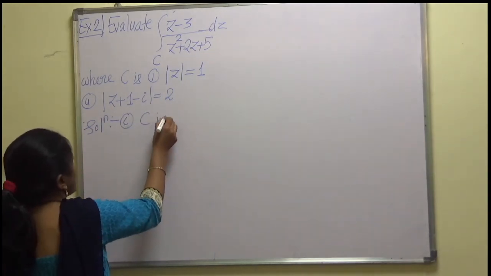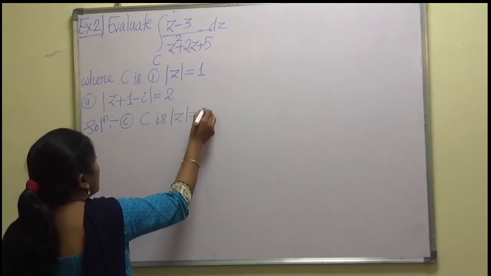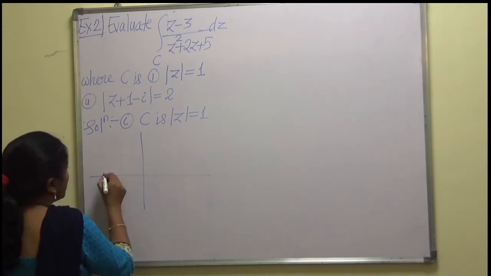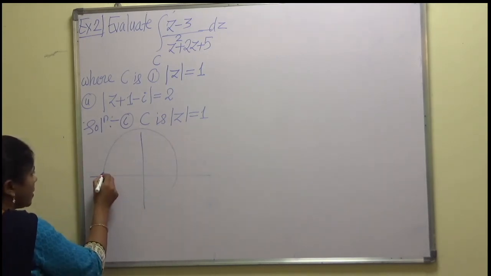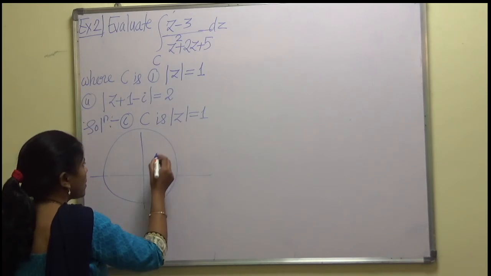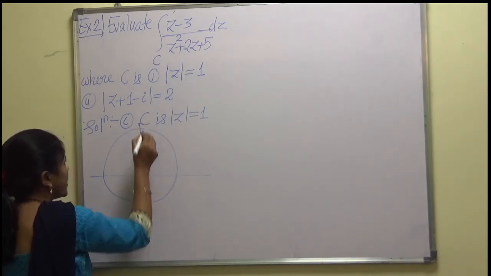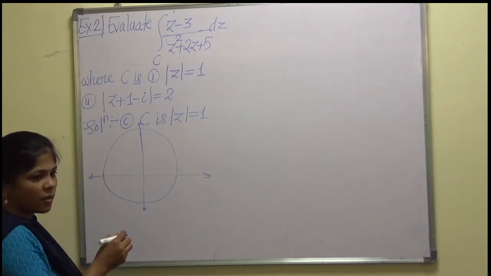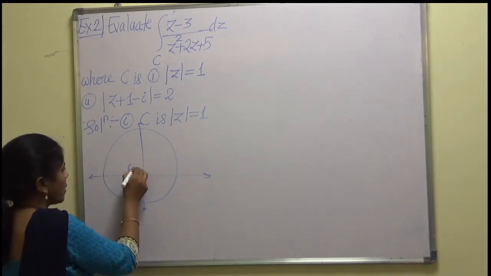So C is mod of z equal to 1. Obviously its center is at 0, 0 and radius 1 unit. So I'll draw the circle directly. Now you will find it easy to find the circle, center and radius of a given curve.